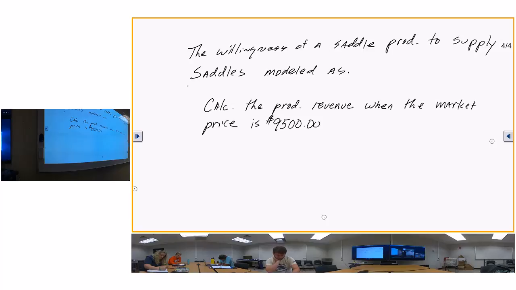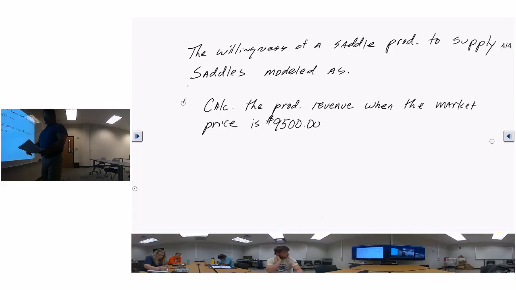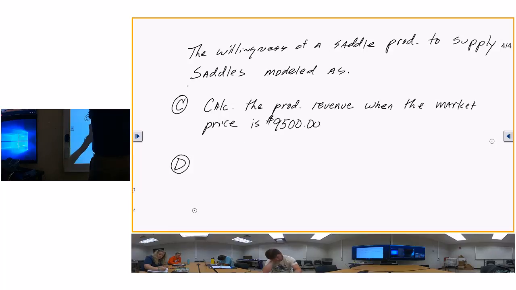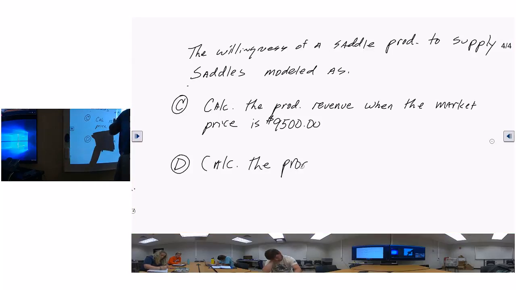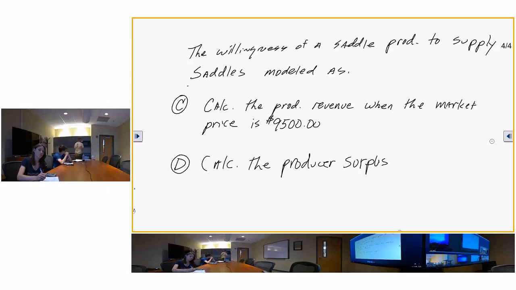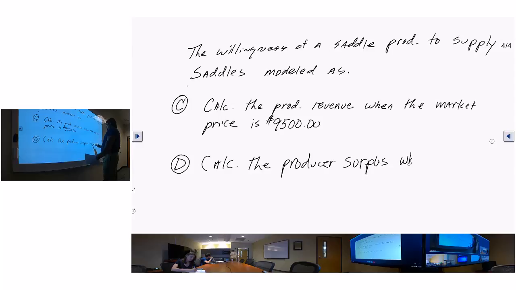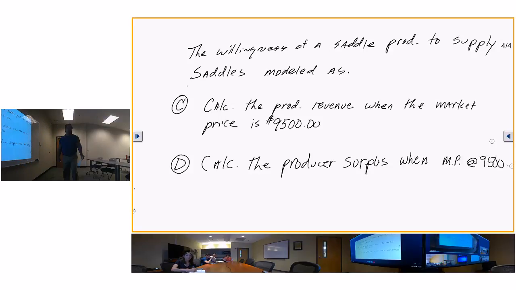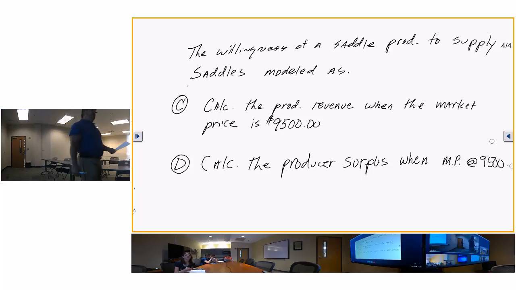And this is C. And D says, calculate the producer surplus when the market price is at 9,500. MP is market price. You remember when we did this, we found the area and we found the surplus? We did it just the other day.